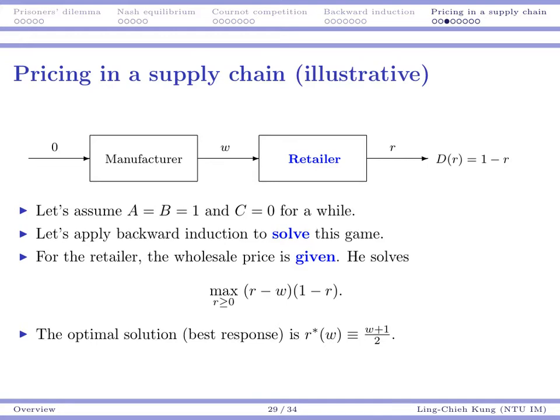Okay, so that's something. Also, quantitatively, we observe that for every single dollar increase in the wholesale price, the retailer only increases 1/2 dollar in the retail price. That means when the manufacturer increases the margin, the retailer will decrease its margin.